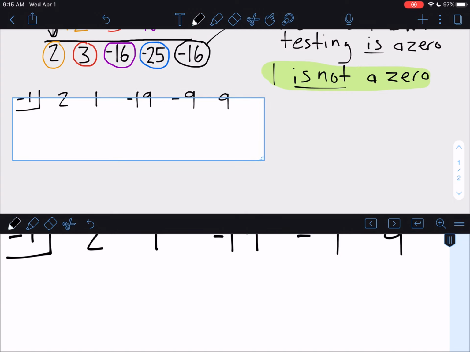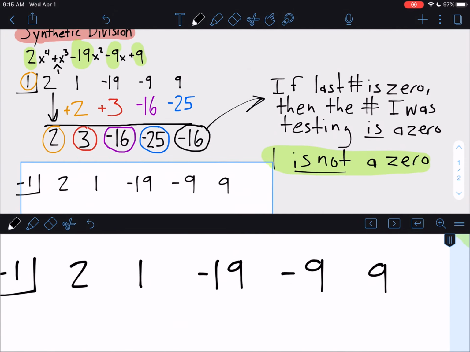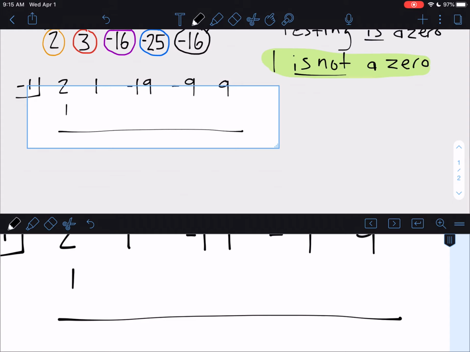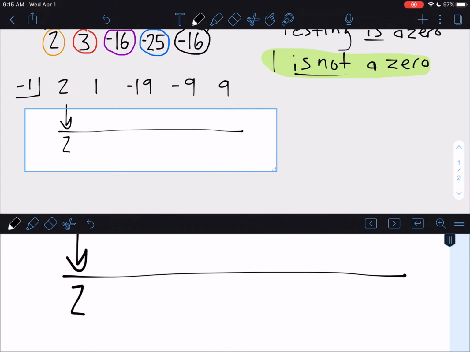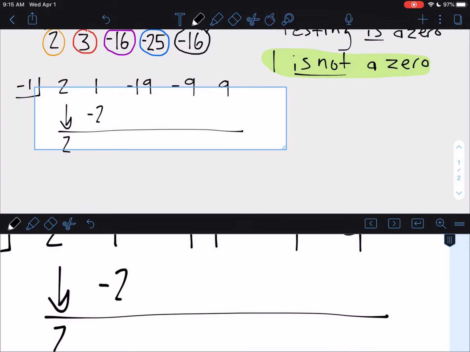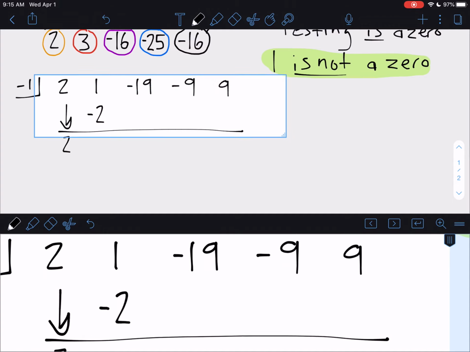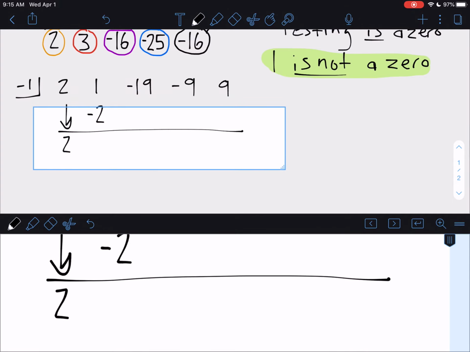But anyways, next thing I want to do with synthetic division is give myself that underline. And I bring down the first number. So I bring down the 2, and negative 1 times 2 is going to be negative 2, and 1 minus 2 is going to be negative 1.